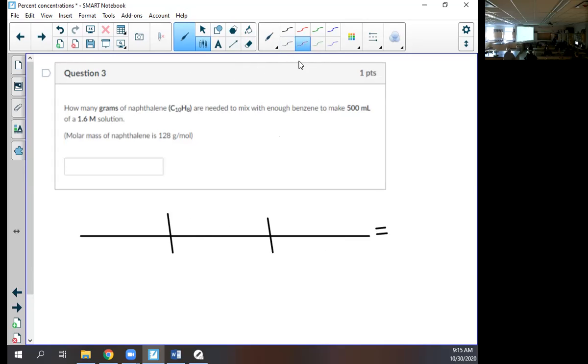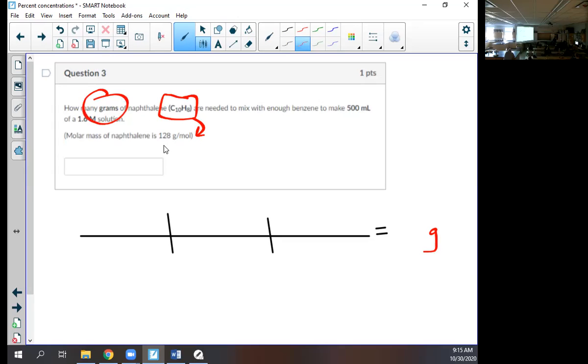Okay, moving on. I'm solving for grams right now, not molarity. We learned these yesterday. Here is one of my proportions, and I already gave it to you. It's 128 grams per mole. We okay with that? Hold on.